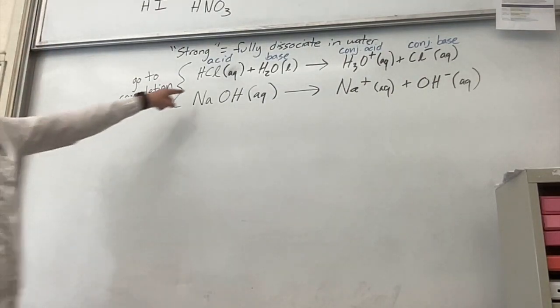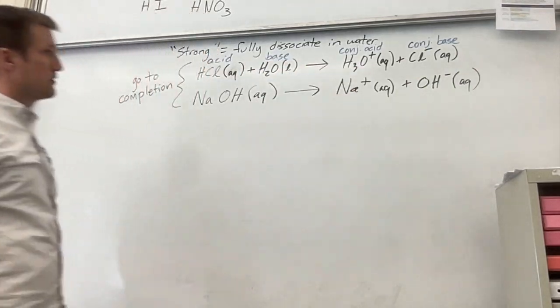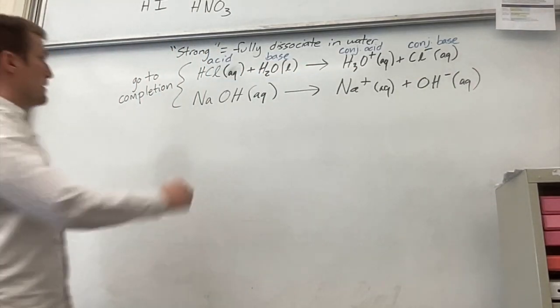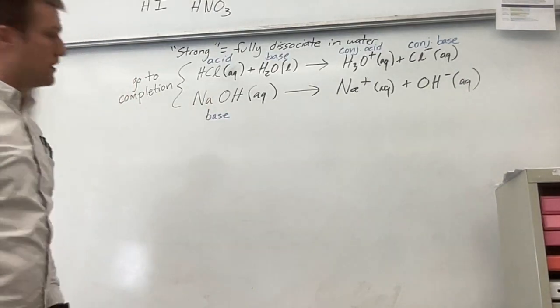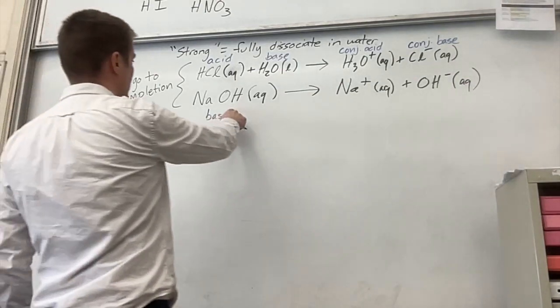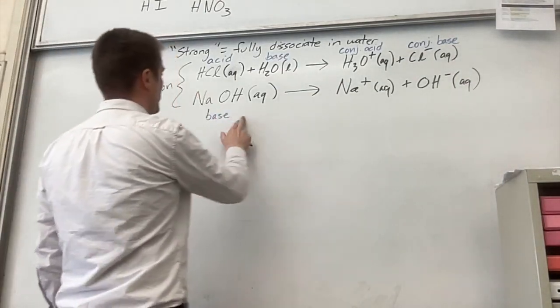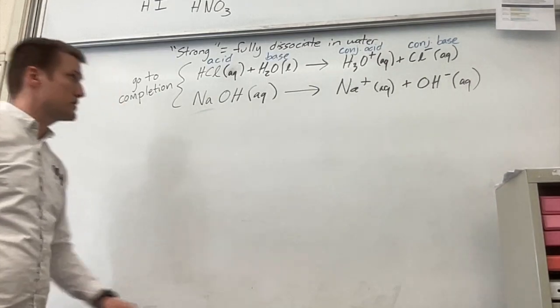And since this is a strong acid, its conjugate base is weak. And then this would be your base. And that one's harder to assign because it's not different by protons, so don't worry about that. Okay, that's enough. Fully dissociates.